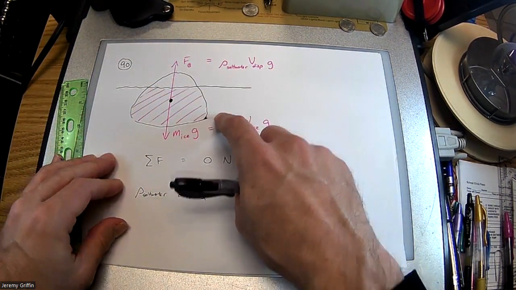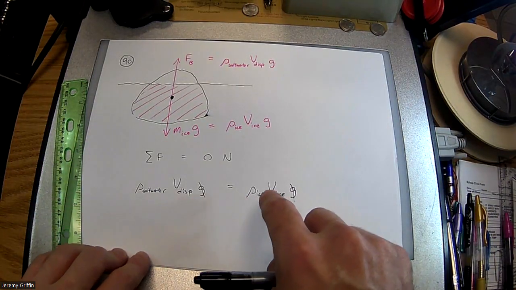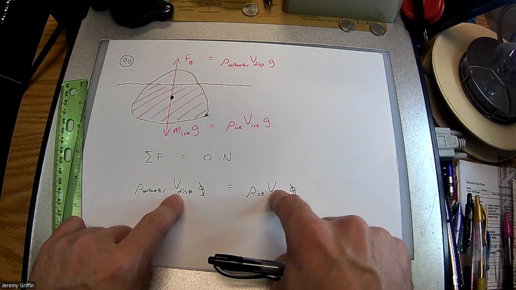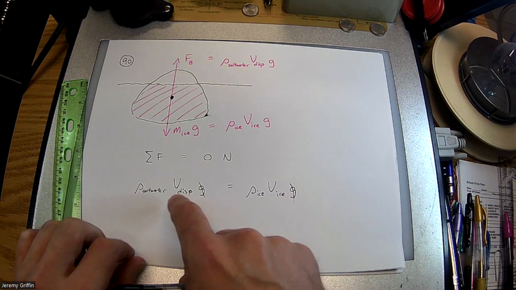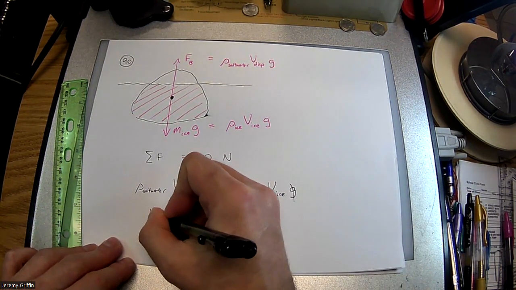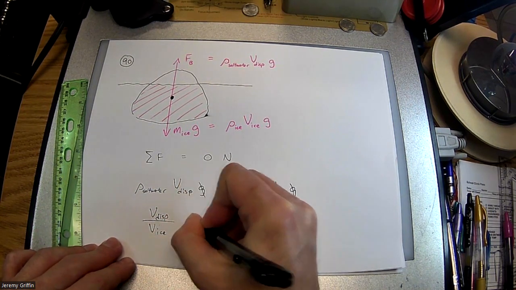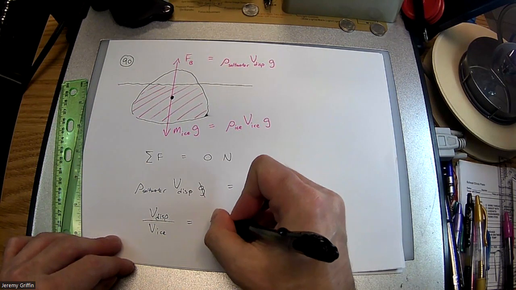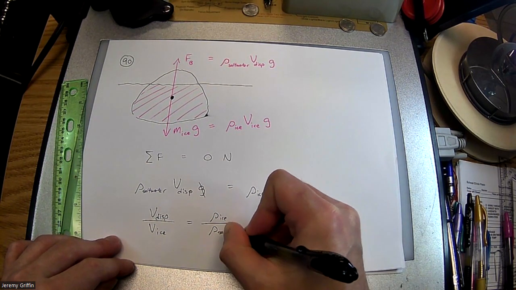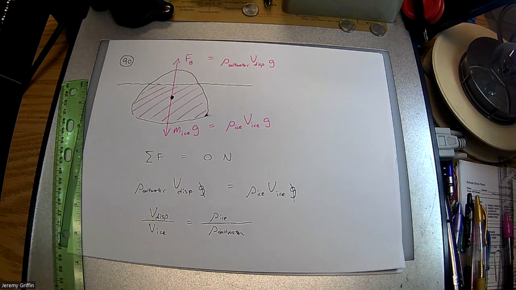I can rearrange this to solve for that: volume displaced compared to volume of the entire ice. So I can cross divide this over here, and take the density of salt water and cross divide it over here. So displaced volume compared to volume of the entire iceberg is equivalent to density of ice over density of salt water. Just like that.